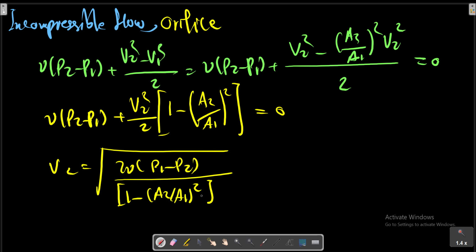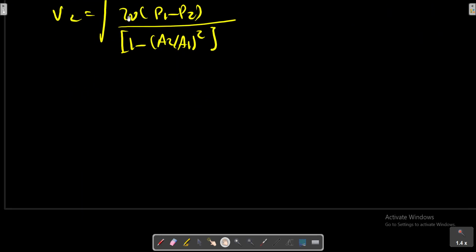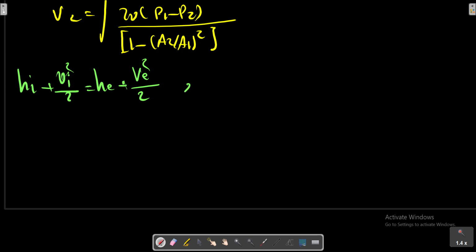For an ideal gas, it is frequently advantageous to use the following simplified procedure when the pressure drop across an orifice or nozzle is small. We can write h_i, and cp0 is constant.